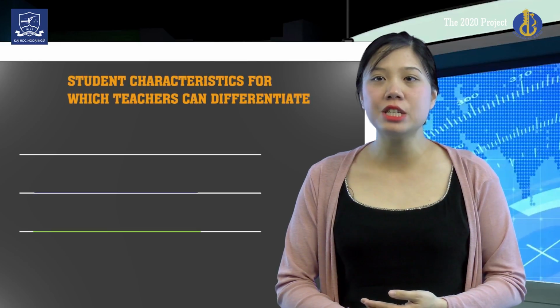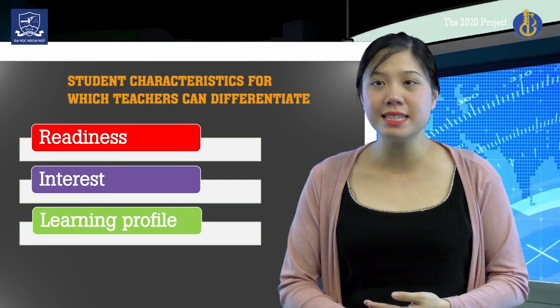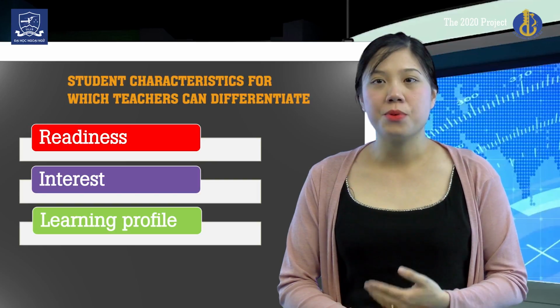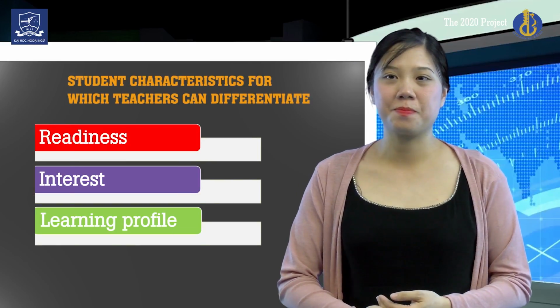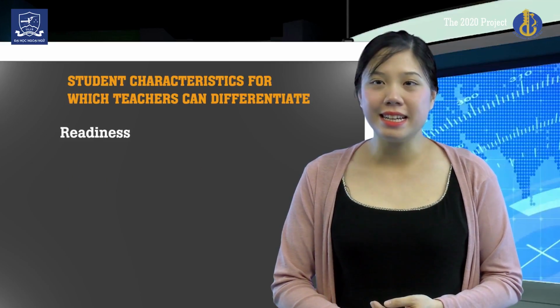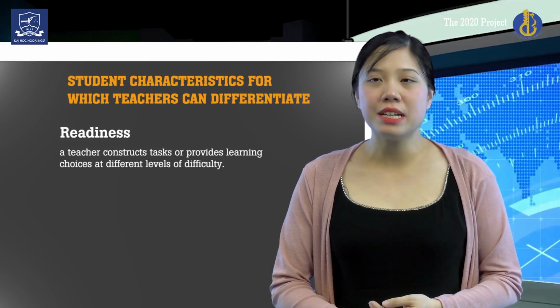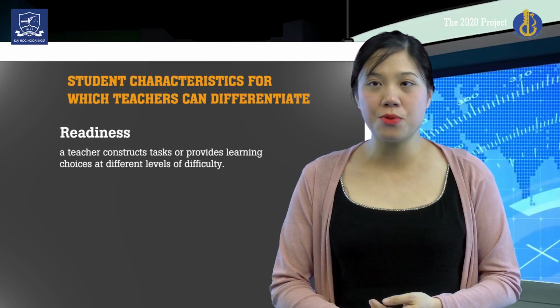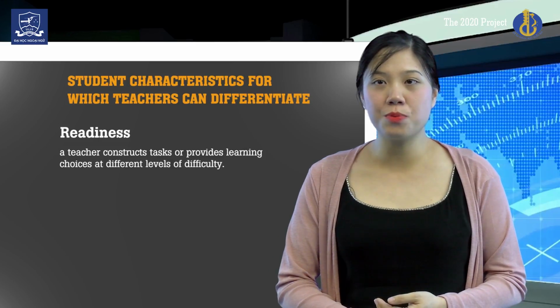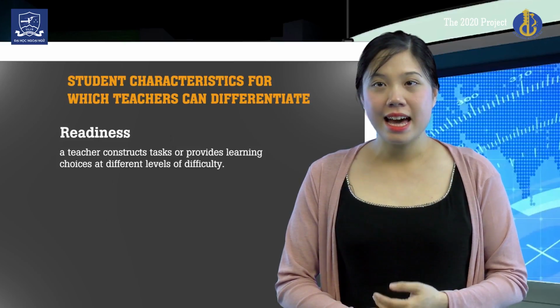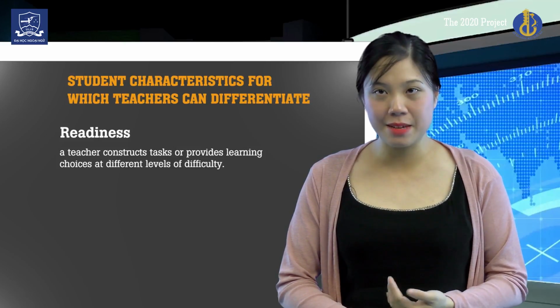Teachers can differentiate based on student characteristics, which are readiness, interest, and learning profile. Readiness. To differentiate in response to student readiness, a teacher constructs tasks or provides learning choices at different levels of difficulty.